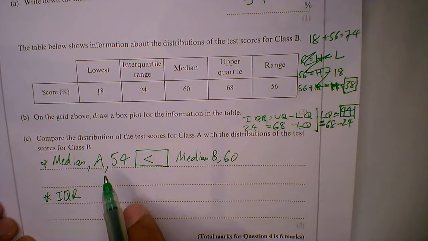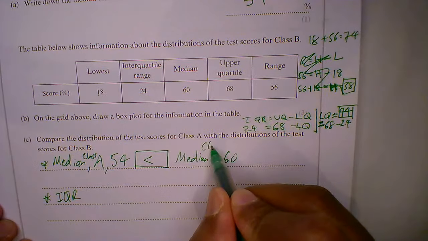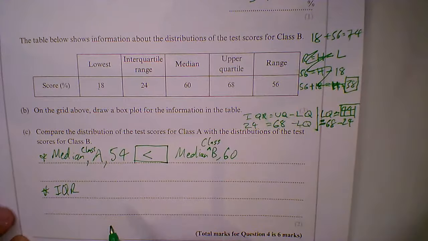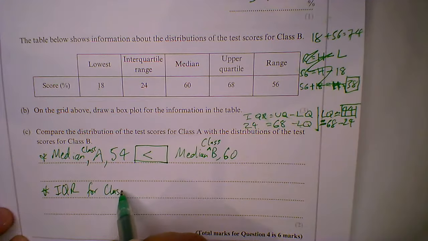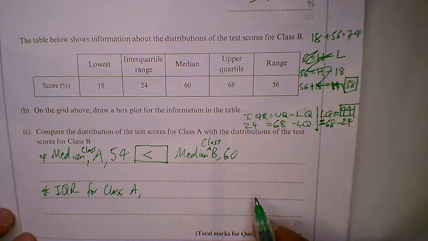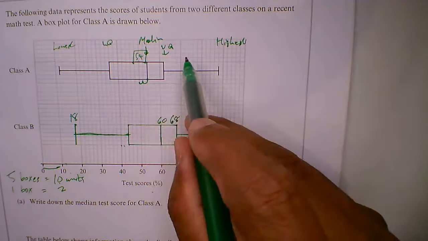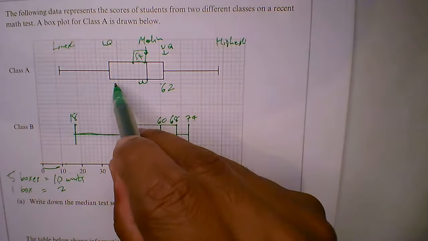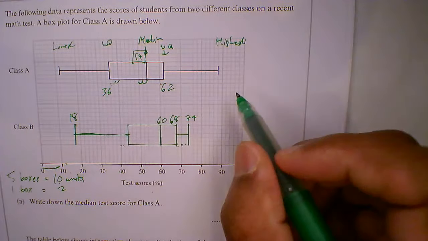So I should write here class A and then class B. So that's my first comparison. I need to do the same thing now. So the IQR for class A: the upper quartile is 62, and my lower quartile is 2 boxes away from 40, so that's 36.